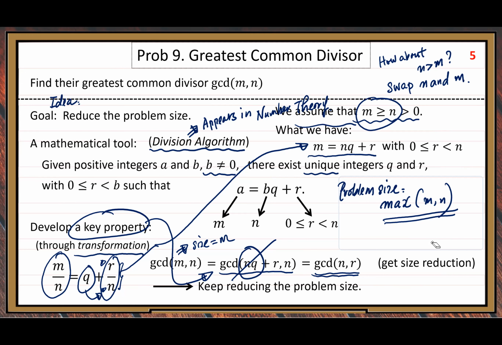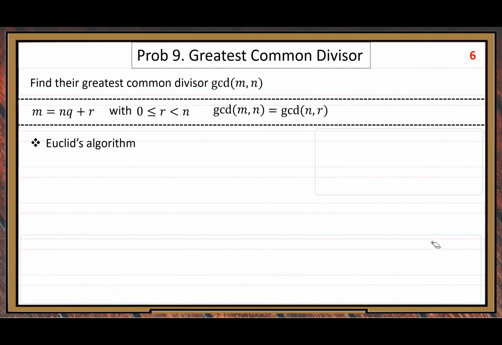Can we do a second time reduction, third time reduction, and so on, until we cannot do it anymore? If we can, we keep doing it until we cannot do it anymore. So the method is called Euclid's algorithm.